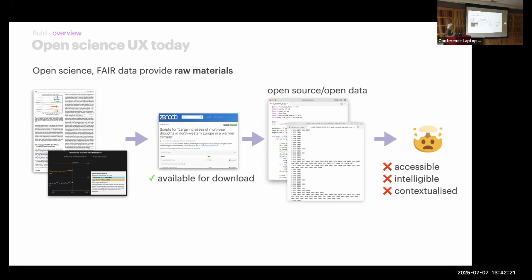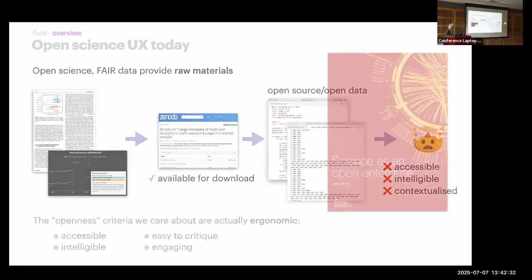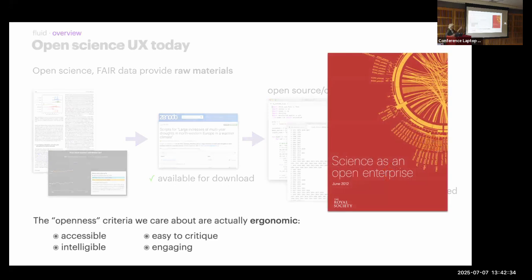It's not obvious that just having the raw materials is actually going to help us do much. And if we're talking about actually understanding the relationship between these raw materials and the context we were in when we were trying to make sense of something, then that's an even harder proposition. So this white paper by the Royal Society from 2012 does quite a nice job, I think, of setting out the actual criteria that we're interested in when we talk about open science, understood as a kind of social enterprise.